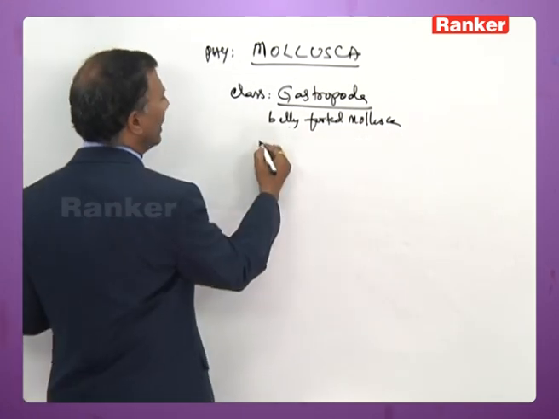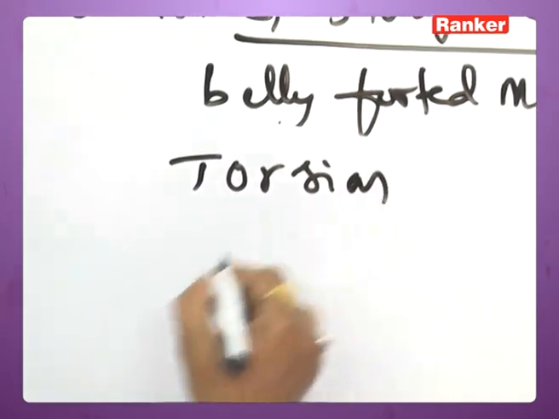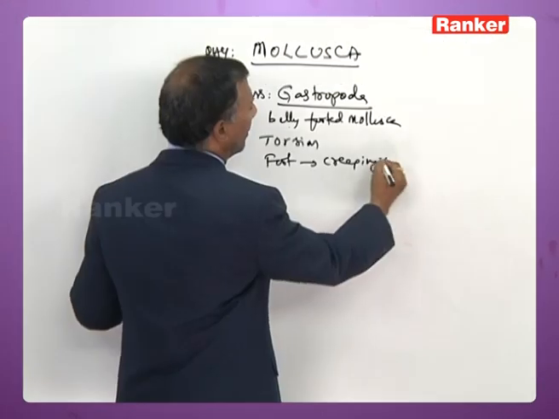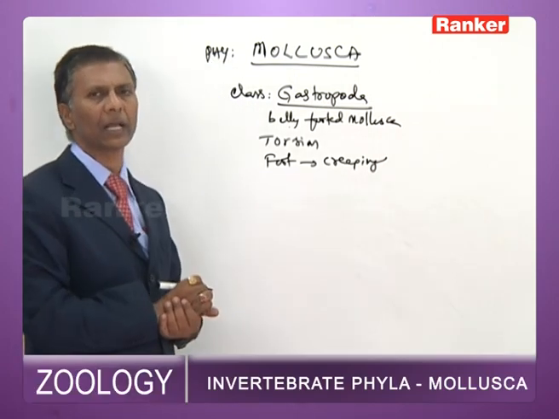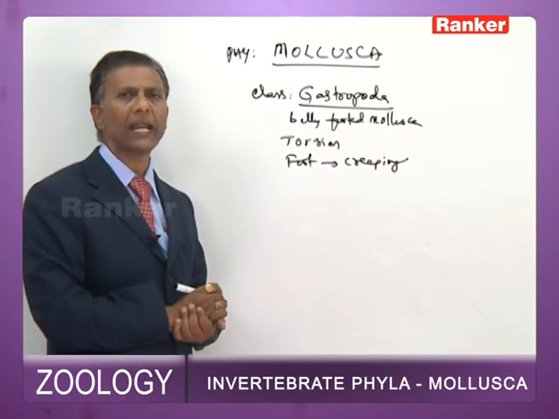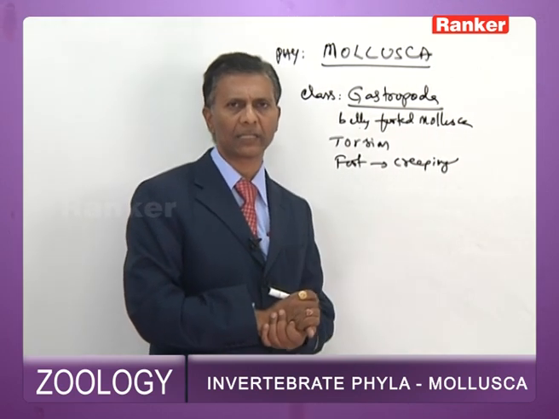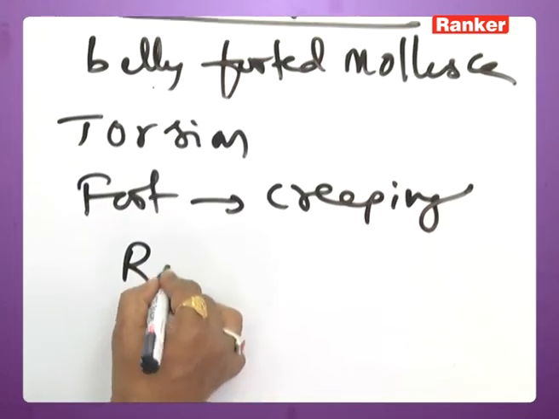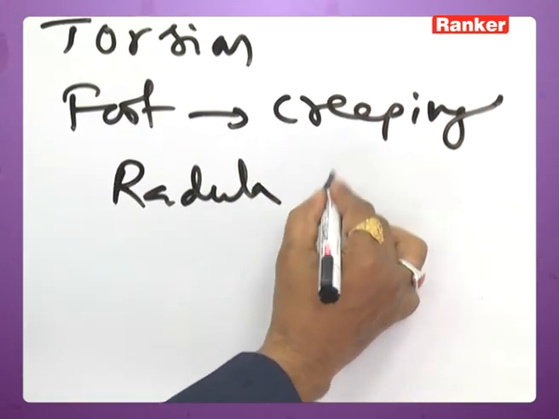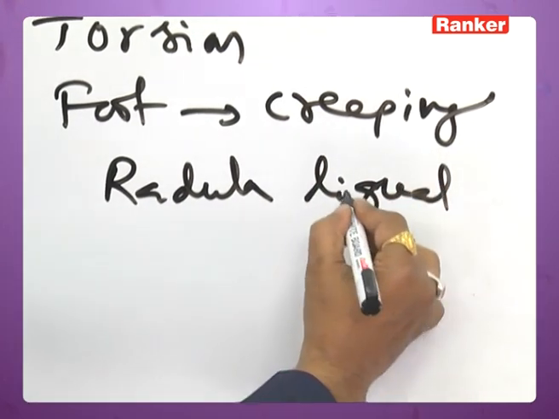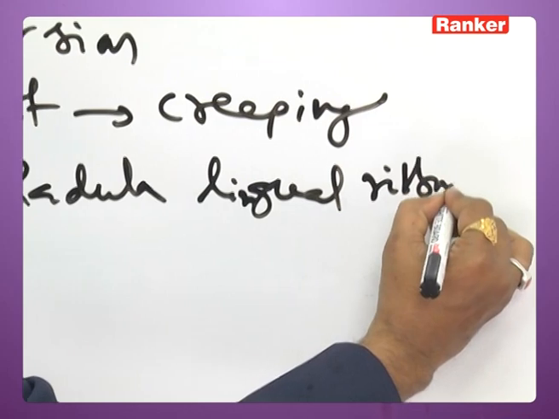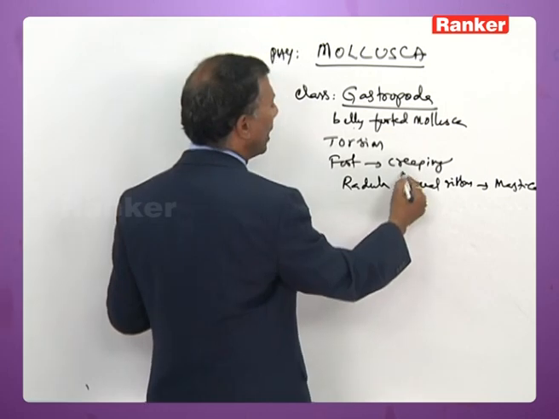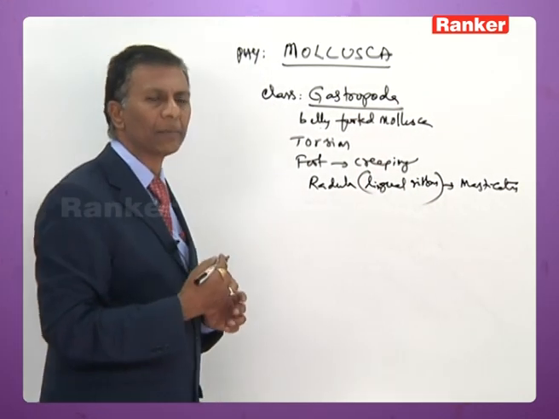Gastropods are asymmetrical due to torsion. The foot in Gastropoda helps in creeping. The head is distinct with 2 pairs of tentacles. All gastropods have a radula, also called lingual ribbon, that helps in mastication.